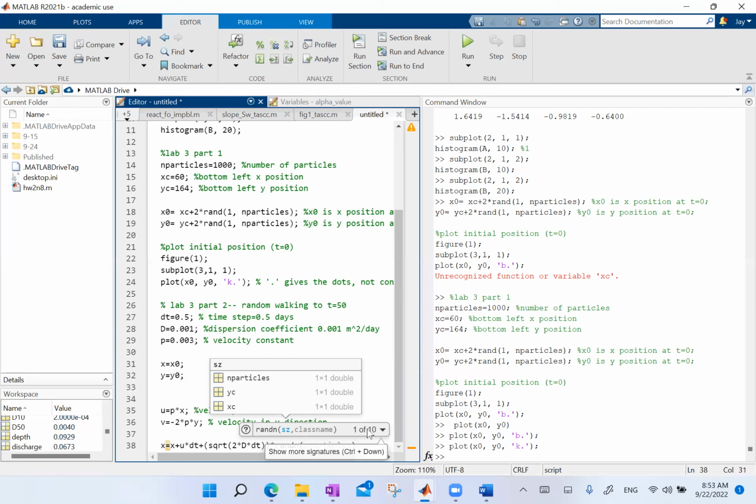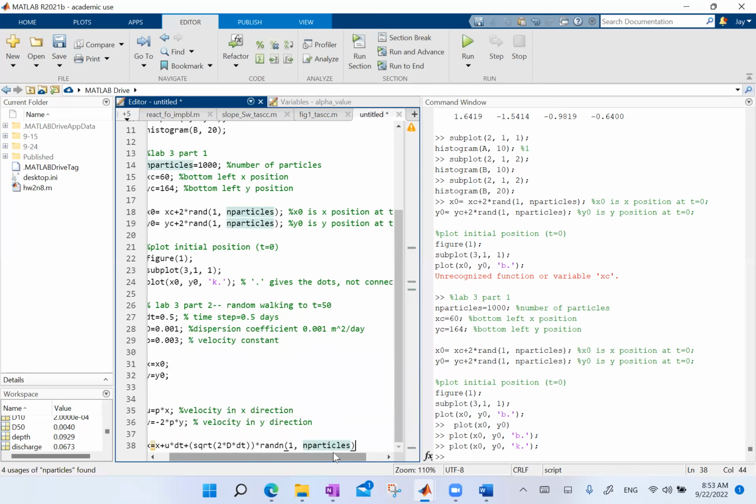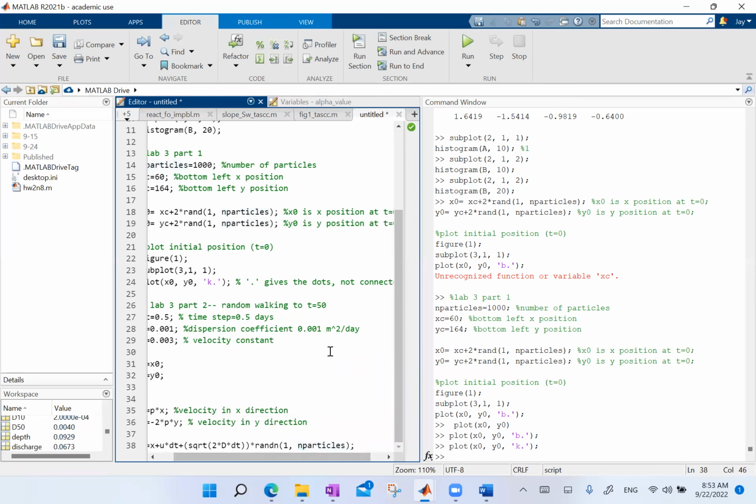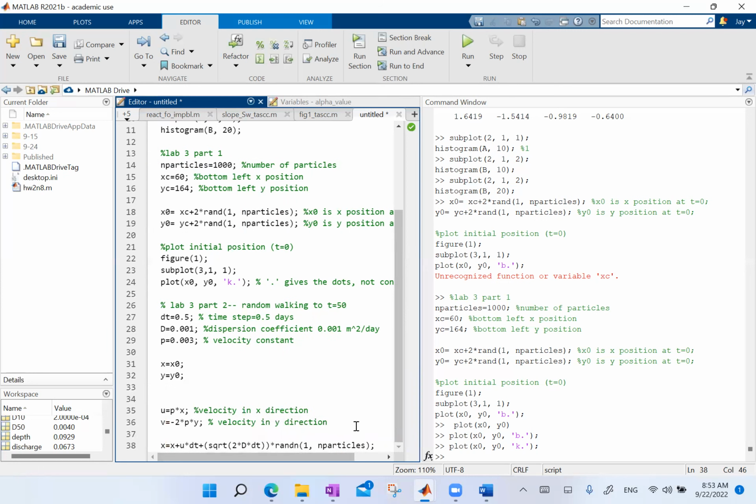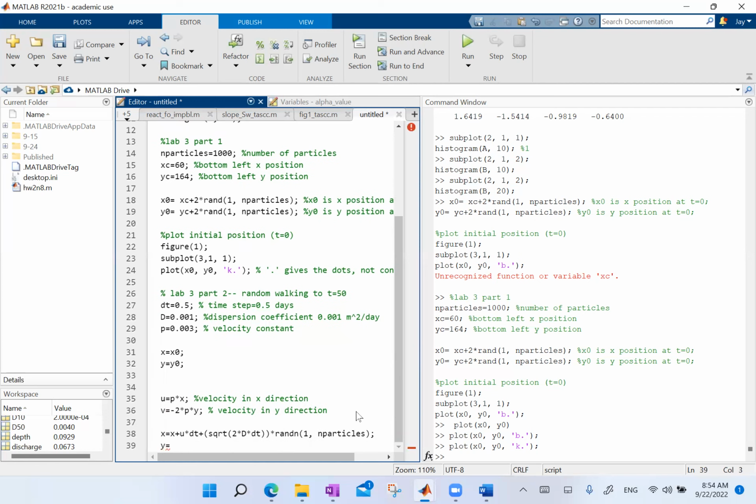So that's going to be, let's see, 1 by number of particles. Now you could just rename it epsilon and eta, but in this case, I'm going to be a little bit lazy, just call that randn for epsilon, and the eta is the same. So that's the x position, and the y position is going to be y plus v times dt time step plus, again, basically the same expression we had earlier.